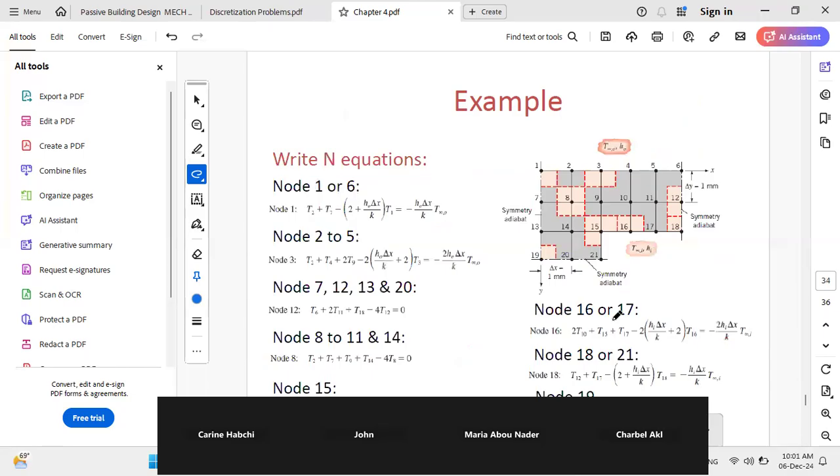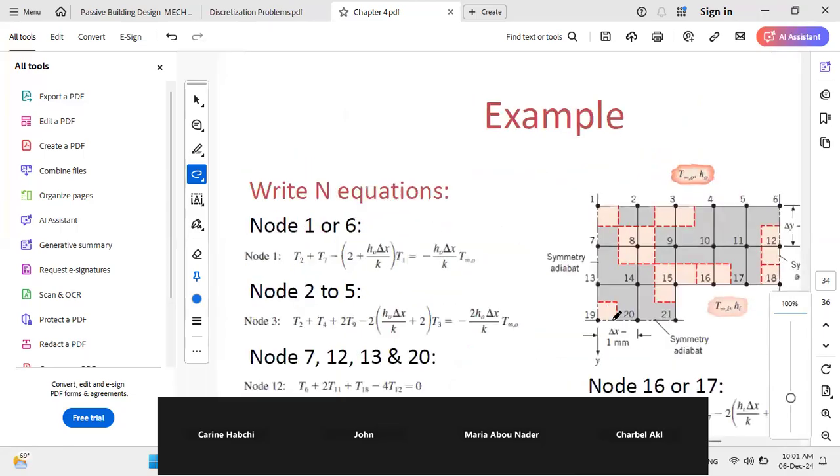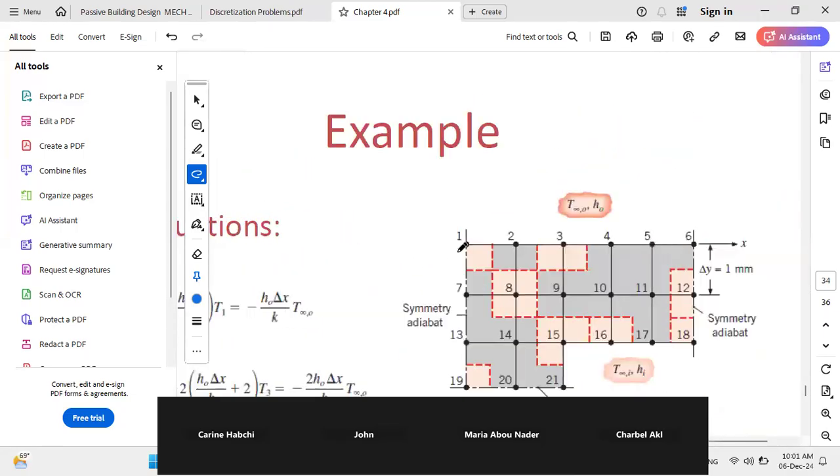Okay, to start with, again, let us see the domain. If we look at our boundary conditions, for example, if we look at the corner, this cell is subjected to which type of boundary conditions? You have an adiabatic condition from this side, which is the same for cell 6. You have from this side a convective condition with the outer fluid.